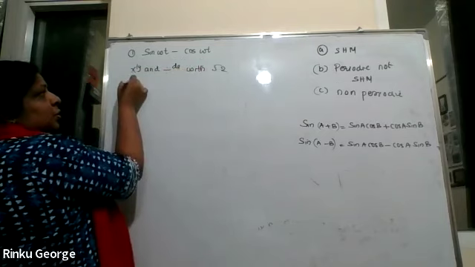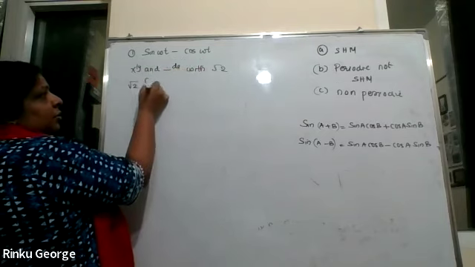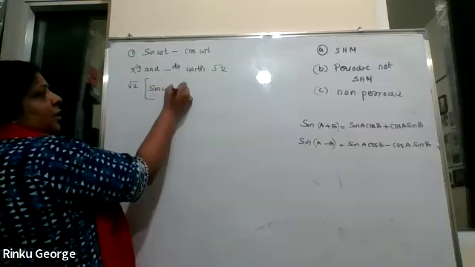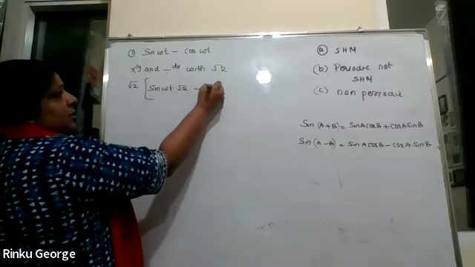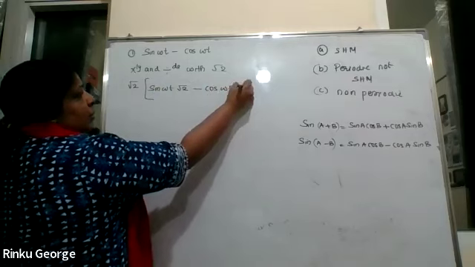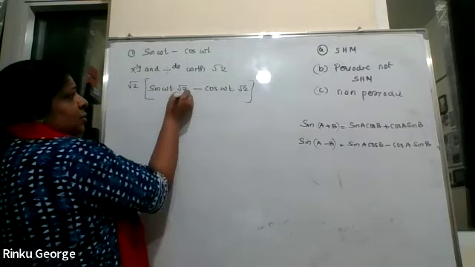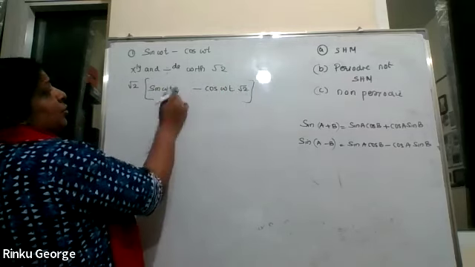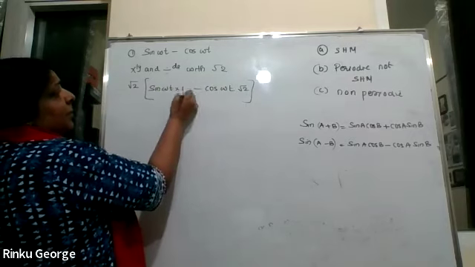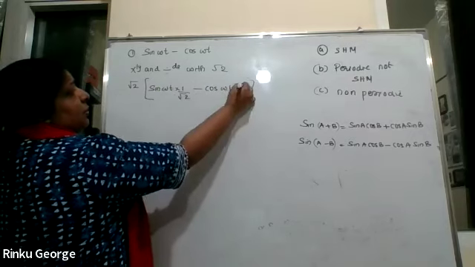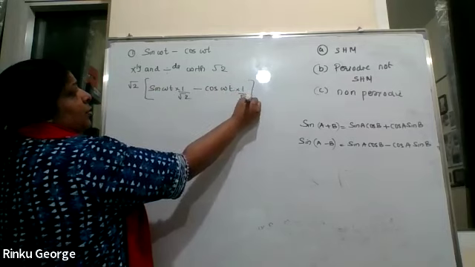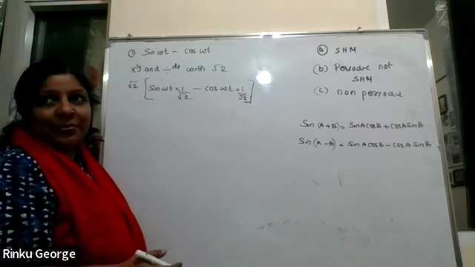So root 2 I will take common into sin omega t times 1 by root 2 minus cos omega t times 1 by root 2. Multiply and divide, right? 1 by root 2 is cos 45 and sin 45.